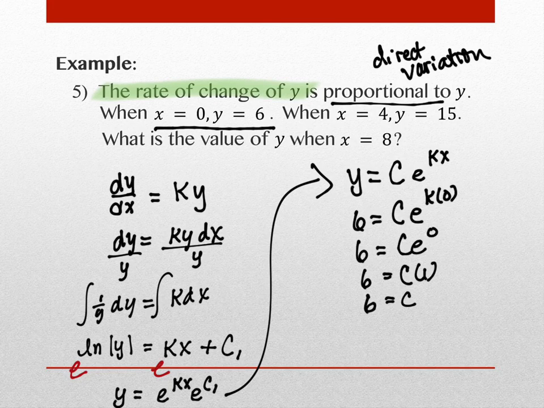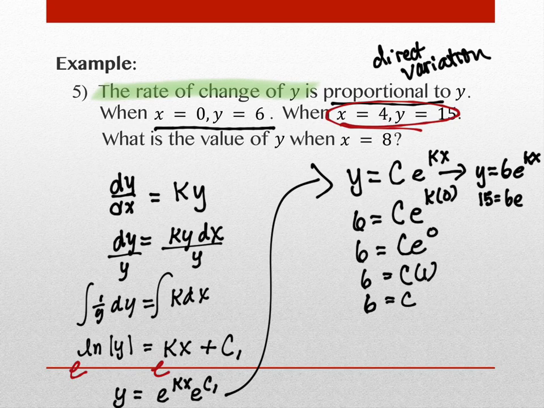So that's helpful because that actually gives us one more layer of things we know up here. So now I have y equals 6e to the kx. And I can use that equation to plug in the last piece of information, this one right here. So when x is 4, y is 15. So here's y is 15, and here's x is 4. So k times 4. Now, our goal is to solve for k, and it's going to be ugly.